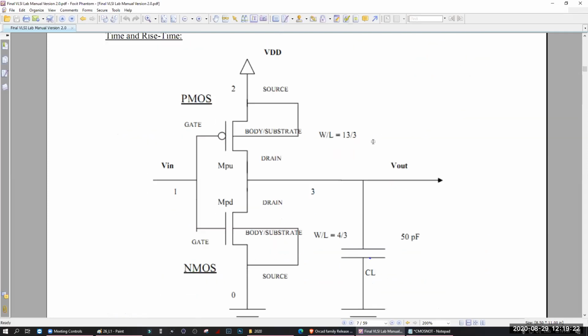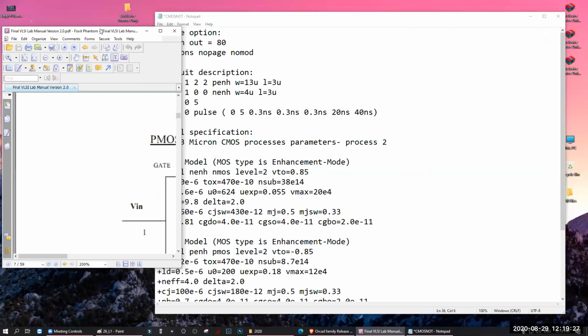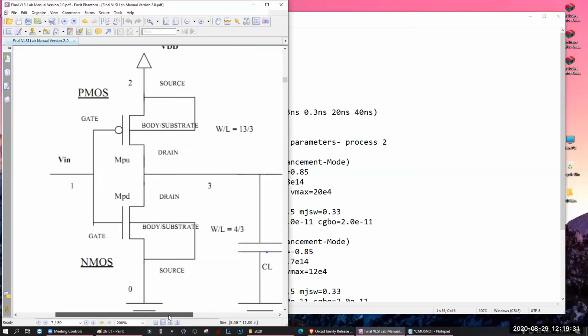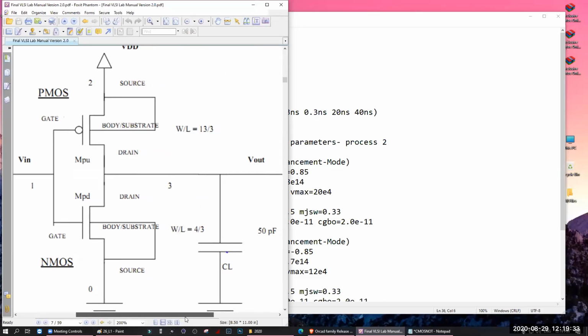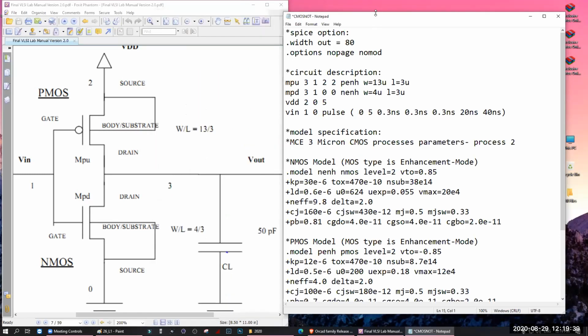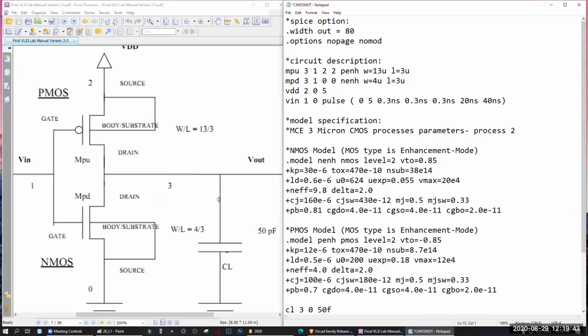Okay, circuit level, this one. Now everyone see, writing the code has a few components.